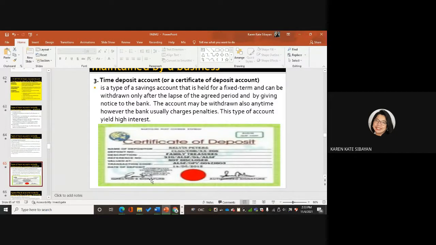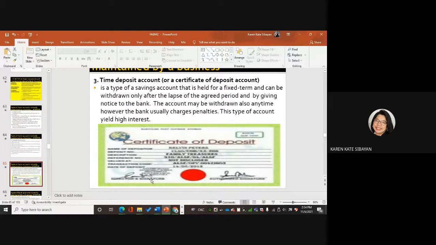Pero halimbawa, 1 year and 1 month mo nang naka-deposit, 1 year nang naka-deposit dun yung pera mo.